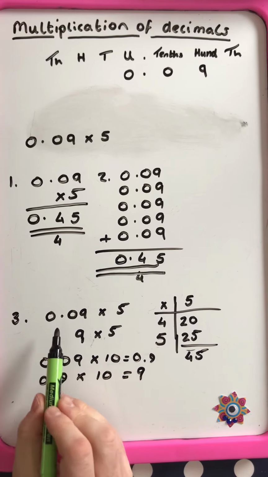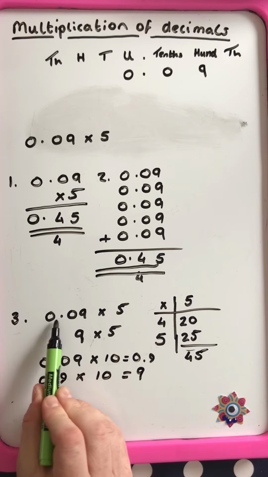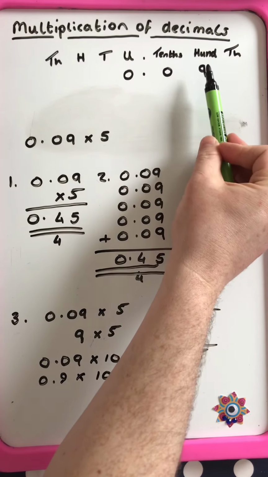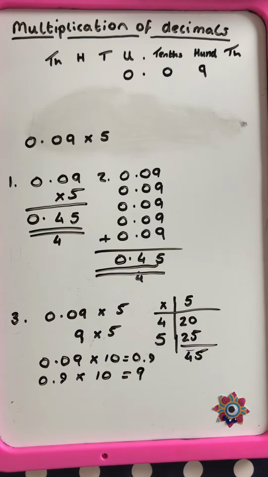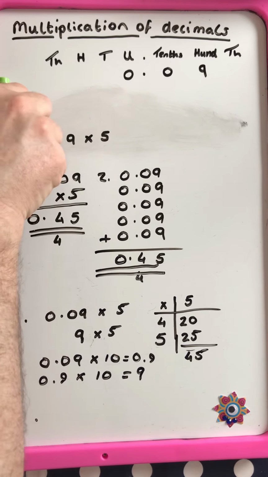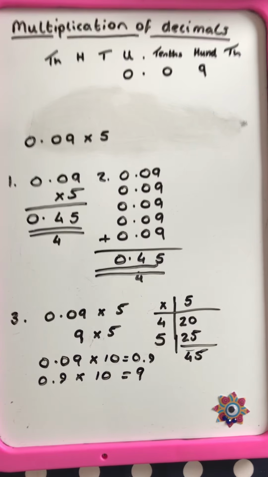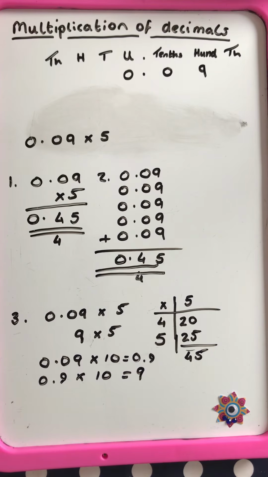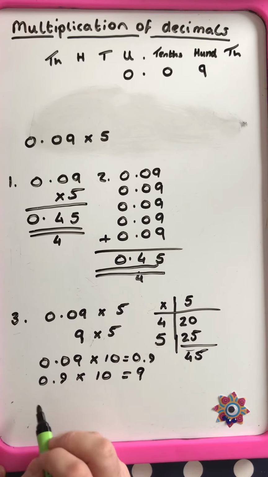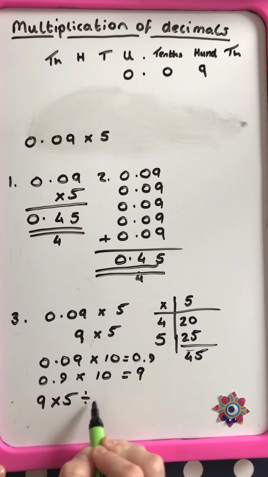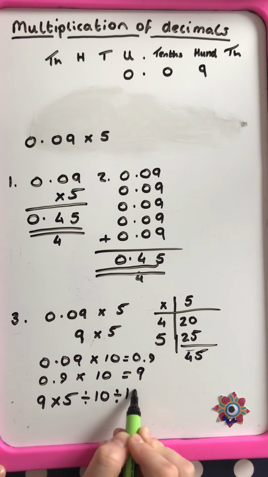So we have multiplied this number here by 100. We multiplied it by 10 twice. Therefore, we have to divide 45 by 10 twice. So this sum really becomes 9 times 5 dividing by 10 twice.